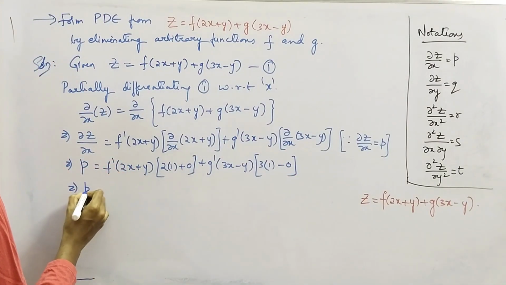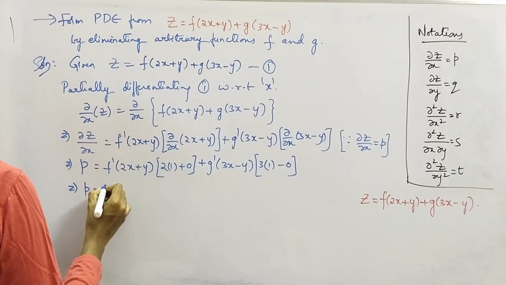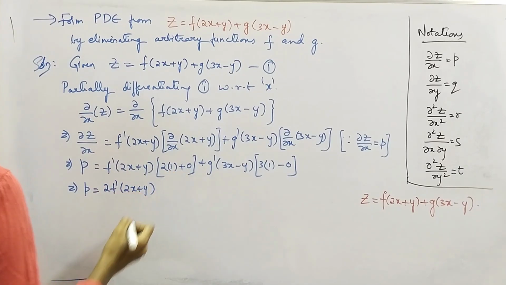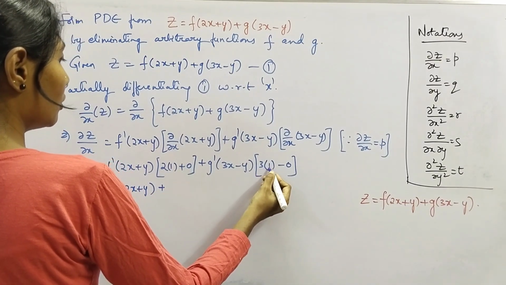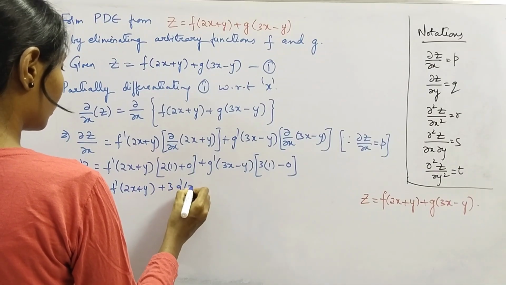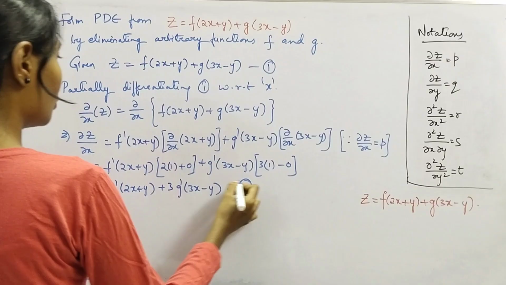This gives us p equal to 2 f dash plus 3 g dash. Consider as equation number 2.